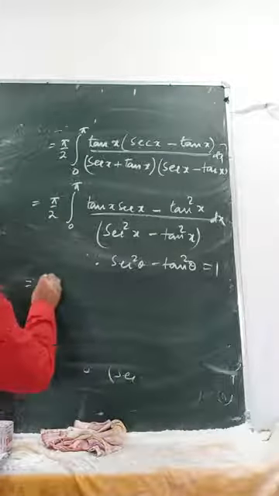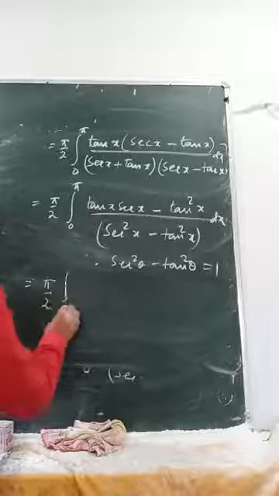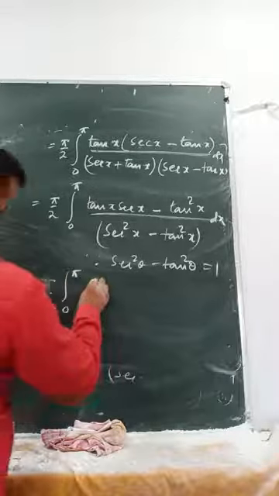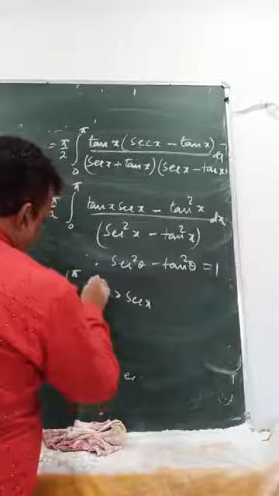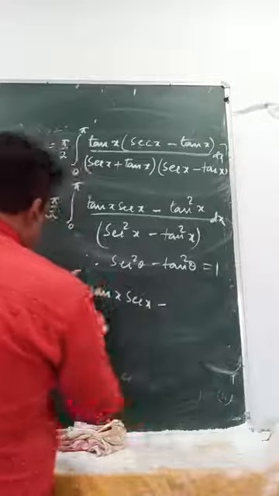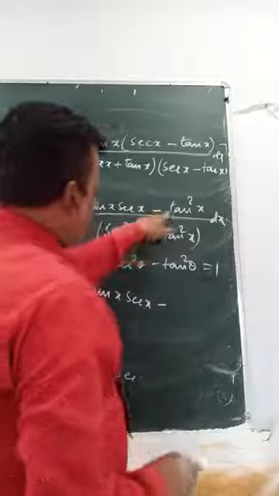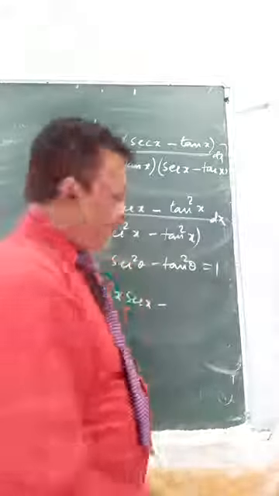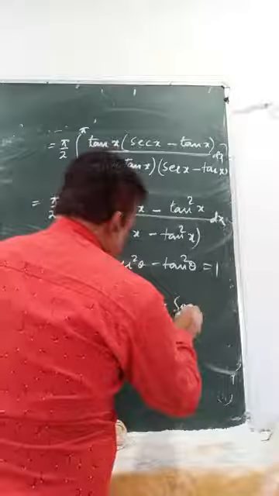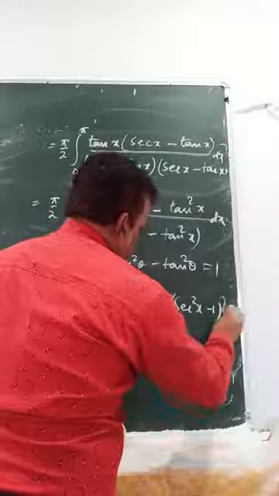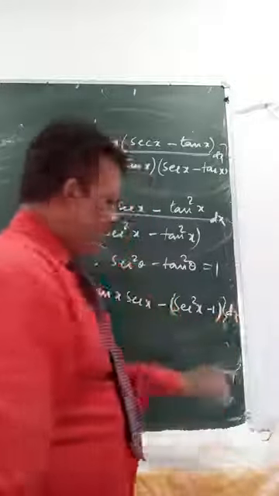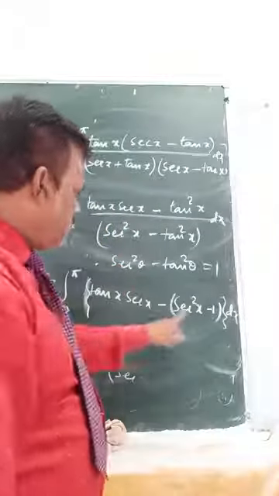Pi by 2, integral 0 to pi, tan x sec x minus tan square x. Tan square cannot be integrated, so you write here sec square x minus 1. You have to remember the formula, then only you can do it. If you cannot remember the formula, it is not possible.